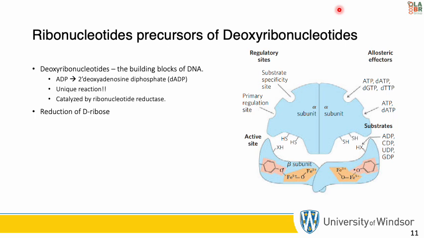The reduction of the D-ribose portion of a ribonucleoside diphosphate to the 2-prime deoxy D-ribose requires a pair of hydrogen atoms, which are ultimately donated by NADPH via the intermediate hydrogen-carrying protein thioredoxin. We'll see that a little bit later and how that plays. This ubiquitous protein serves a similar redox function as seen in photosynthesis and other processes.